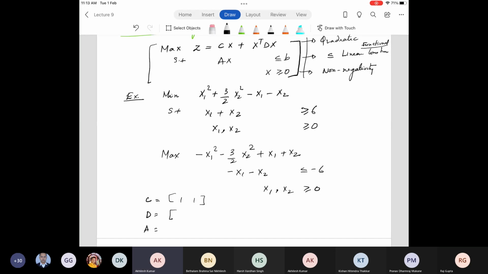D will be the matrix with minus 1, 0 in the first row and 0, minus 3 by 2 in the second. Yes, sir. And A will be (minus 1, minus 1). So this is in quadratic programming form.